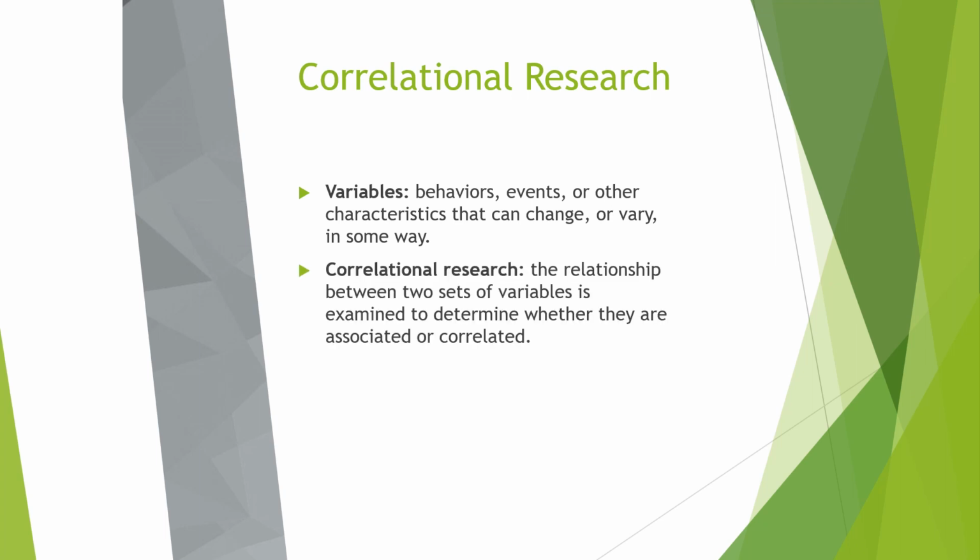Correlational research itself is the relationship between two sets of variables that are examined to determine whether or not they are associated or correlated. So whenever you hear the word correlation, you should be thinking about the word relationship. You're going to look at two variables and see if there is some sort of relationship between those two variables.